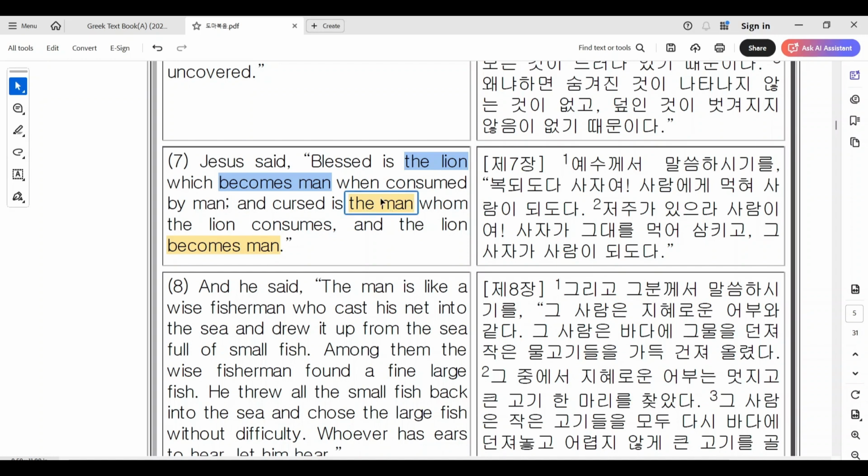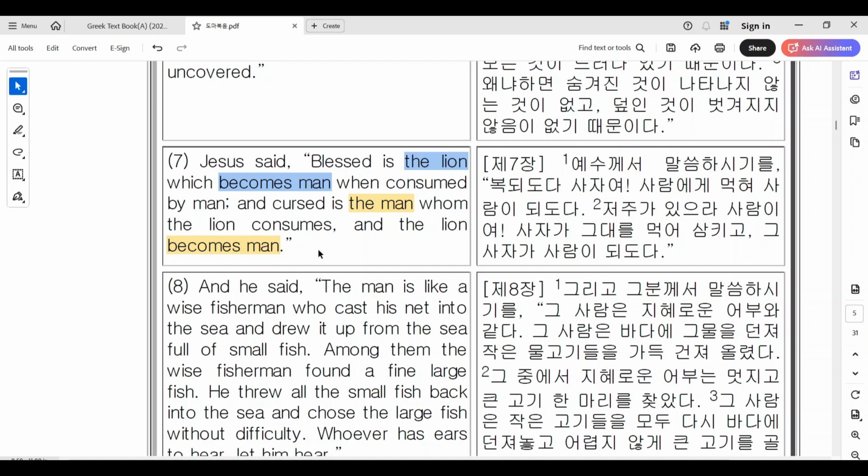So like Iscariot Judah is the one that the devil and Satan consumed into, so the lion becomes Iscariot Judah. That's why the food is the important thing.